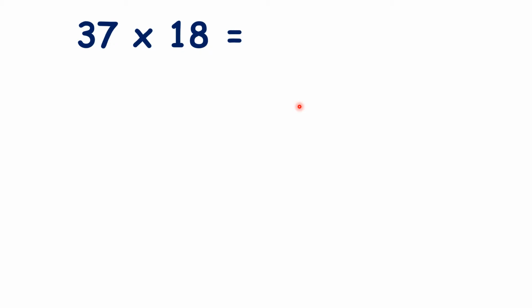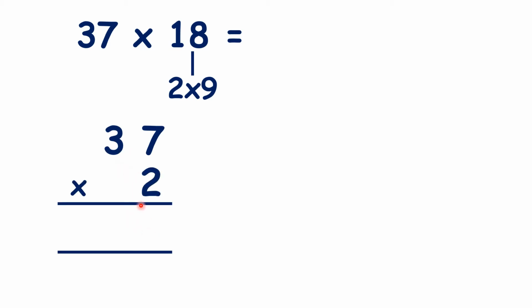Now you might already know your times tables, but we can use factors to answer 2 digit by 2 digit multiplication questions. So here we have 37 times 18. 2 times 9 is 18, so we can first multiply 37 by 2, so by the first of our factor pairs, to get 74.